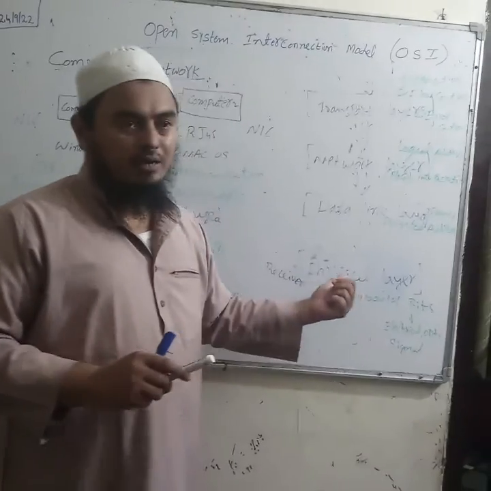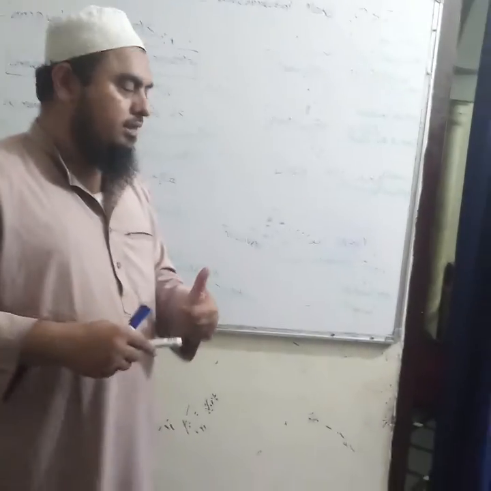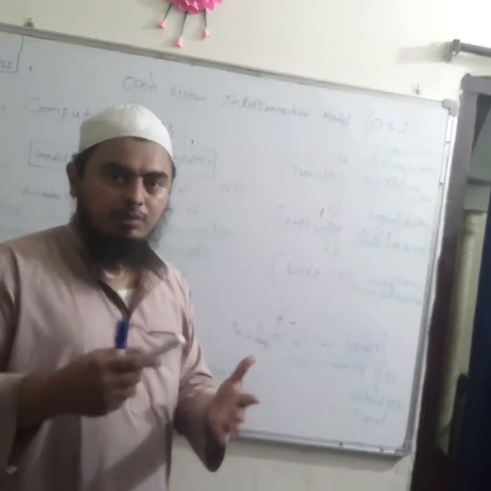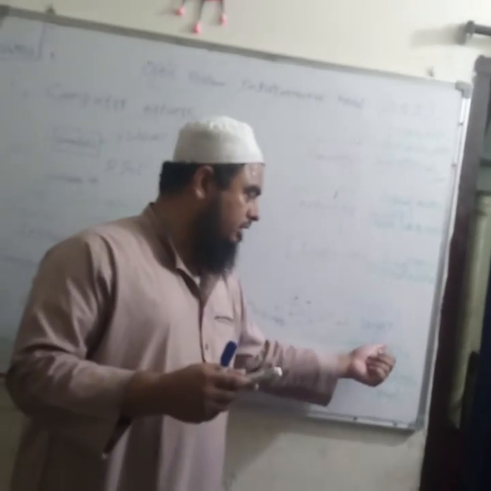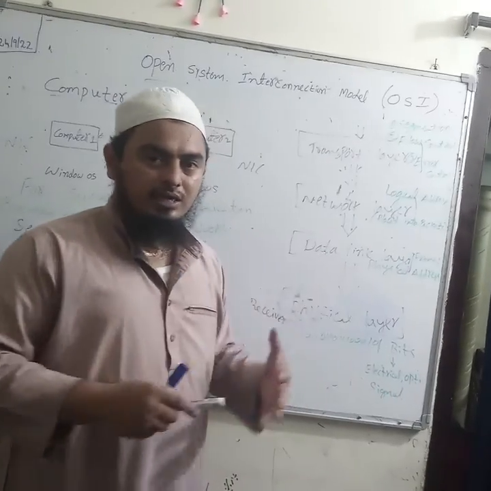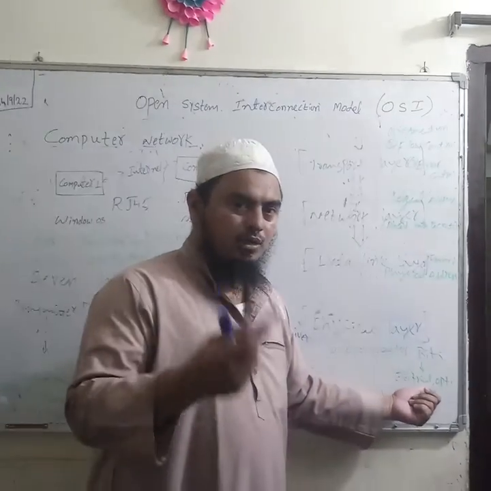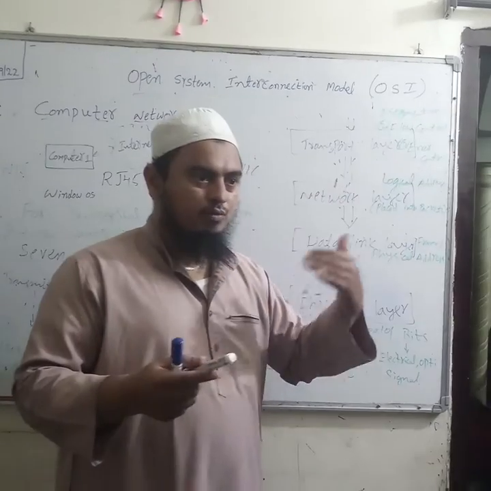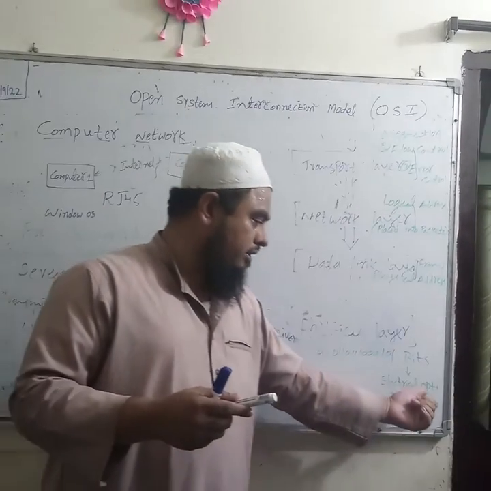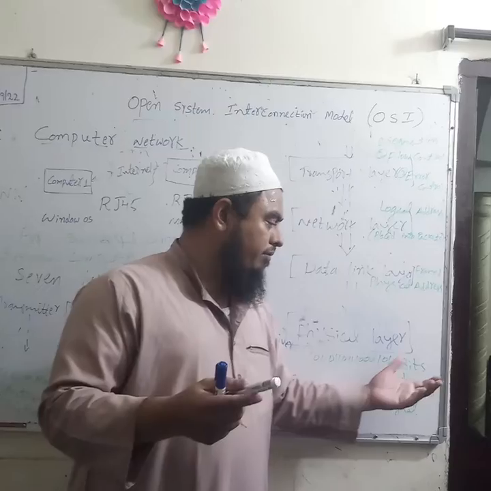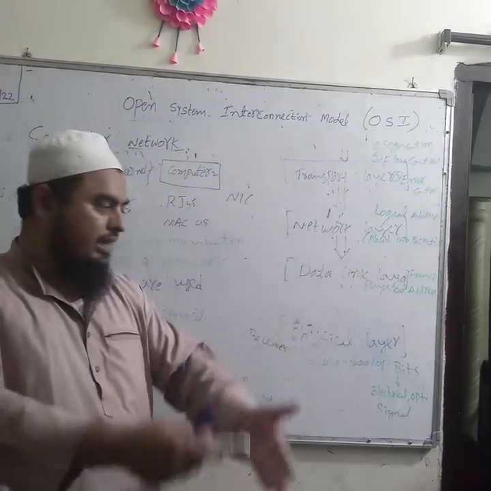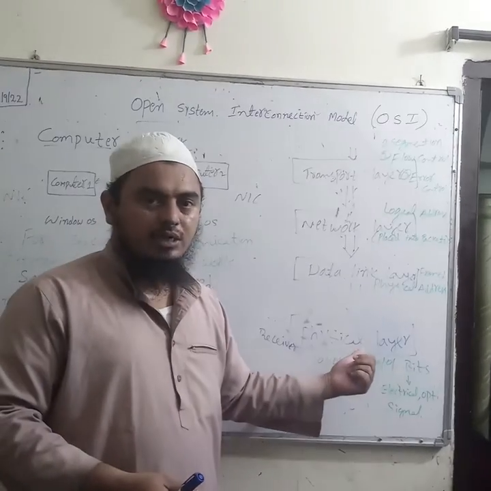But this can't be understood by the user using the mailer, so it has to be converted into an electrical or optical signal. If it is through wires, it is converted into an electrical signal. If it is through Wi-Fi, it is converted into an optical signal. Different conversions are done based on your end use. That is done by the physical layer.